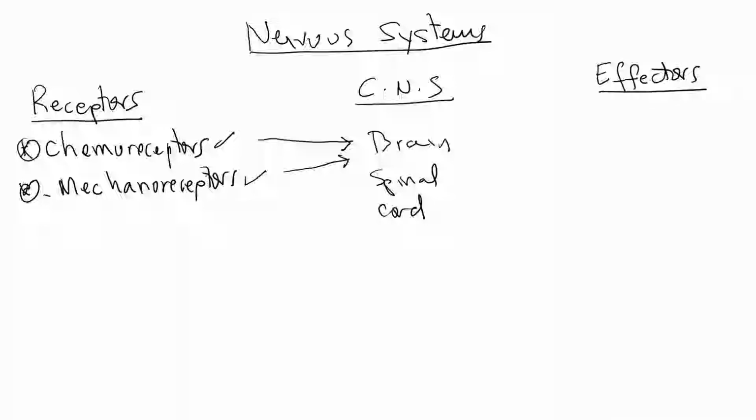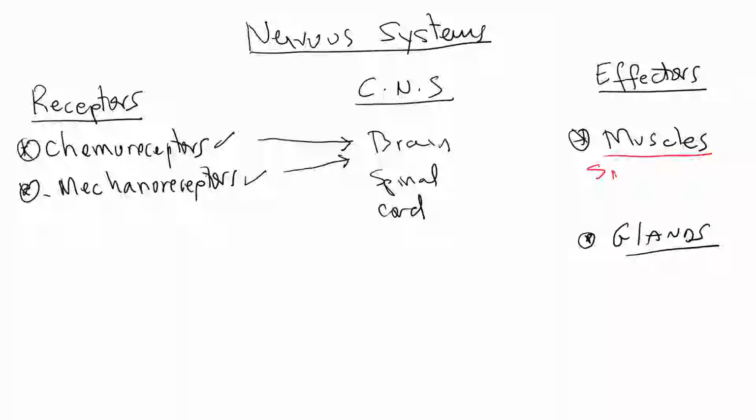Effectors were organs innervated by the nervous system that responded to nervous stimulation. There are two categories of these organs: muscles and glands. In the case of the GI tract, the muscles are going to be smooth muscles of the organs of the GI tract, smooth muscles of the stomach and the intestines, for example.